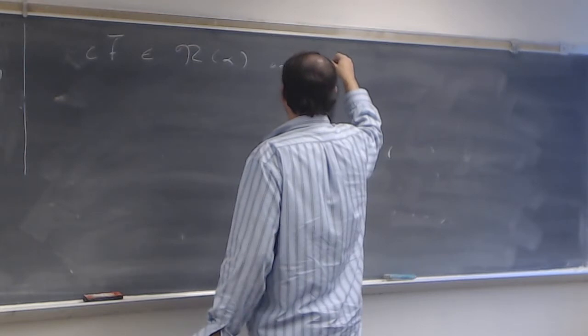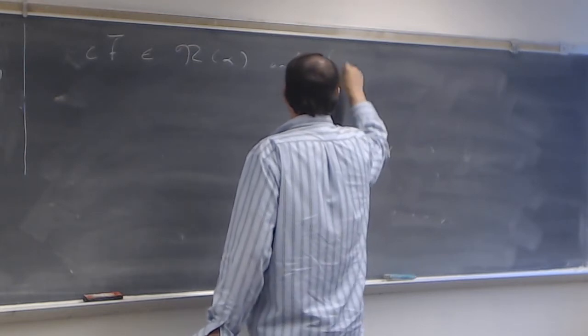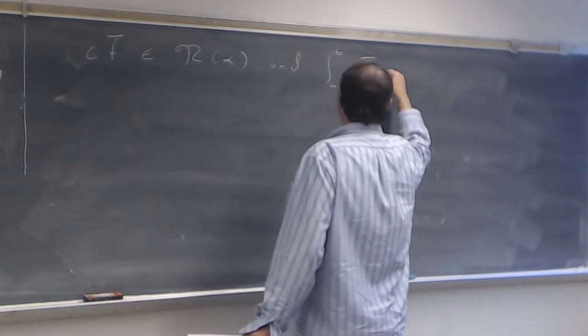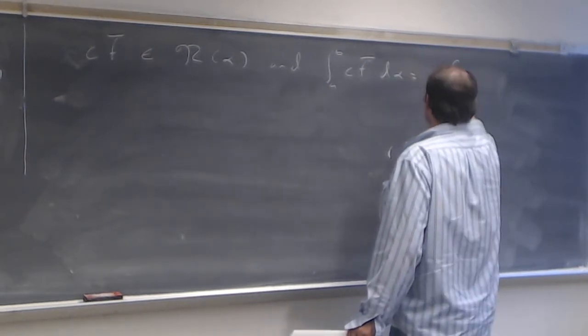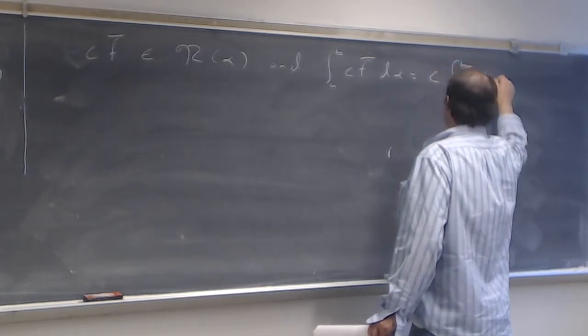And not only does that happen, but the integral from a to b of c times f bar d alpha will be equal to c times the integral from a to b of f bar d alpha.